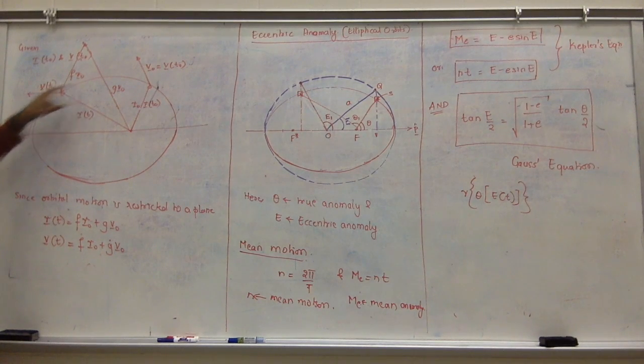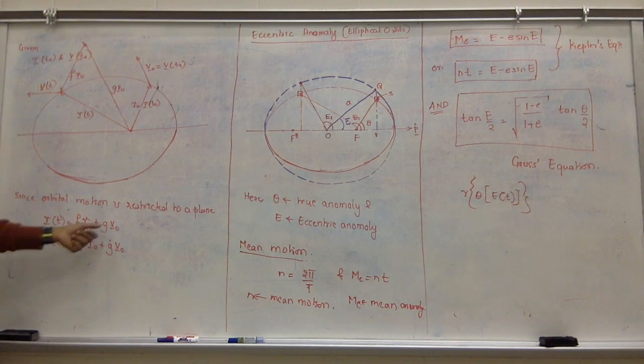So you can do the same thing for v. You can either do the same construction, or if you take the derivative of this, f r naught plus g v naught, since r naught and v naught are established, they are constant, you will just get f dot r naught plus g dot v naught.